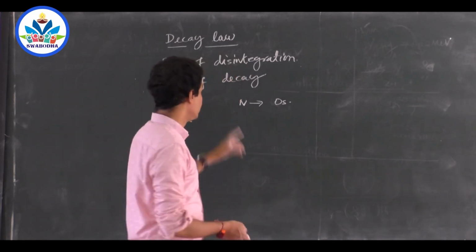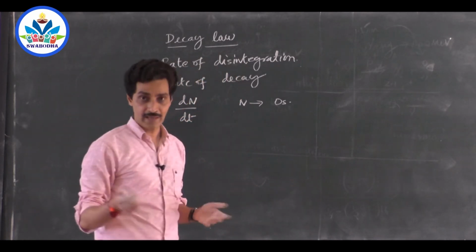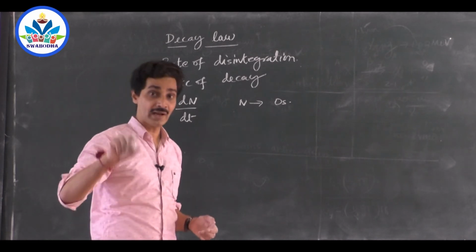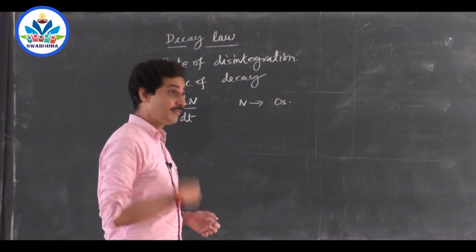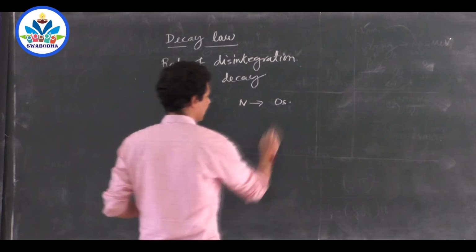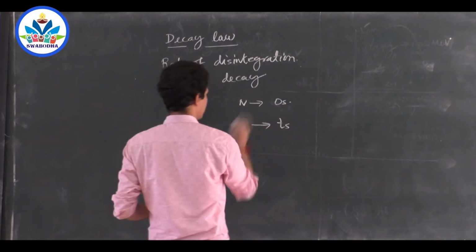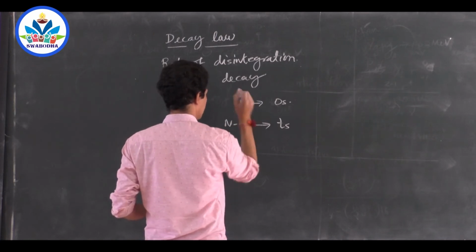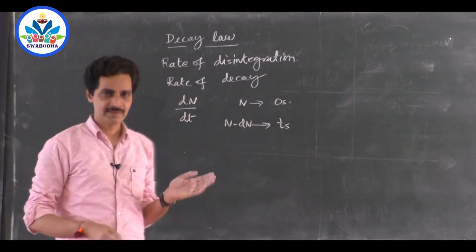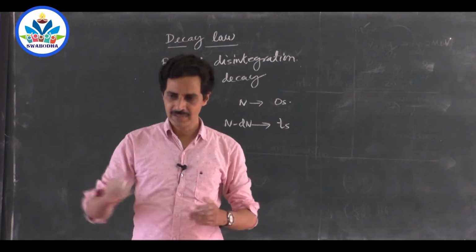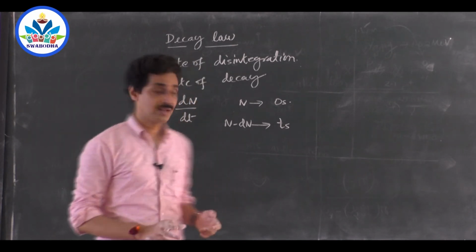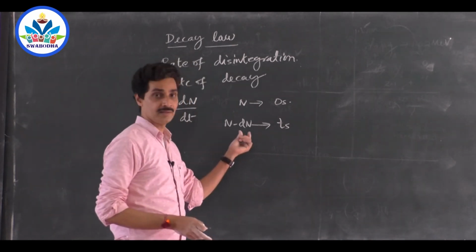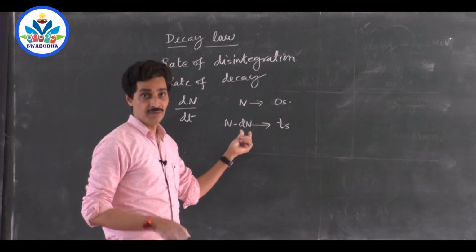That is, if N is the number of original atoms in the sample at 0 seconds, and after the decay has started, in t seconds, let the number of atoms in the sample be N minus dN. What is dN then? dN is the decreased number of atoms. How much has been converted? So what is the original number? N minus dN, right? dN atoms are lost. 500 are lost.